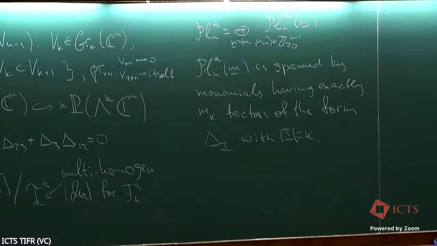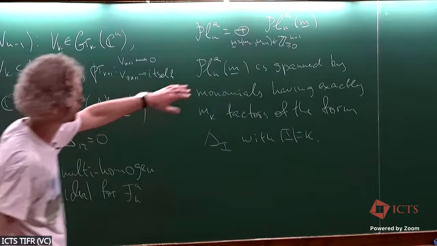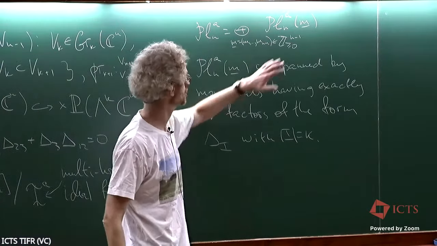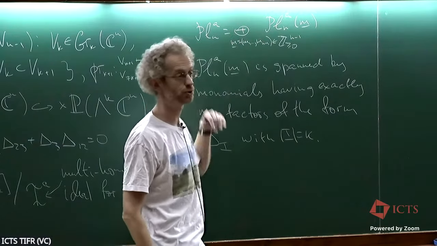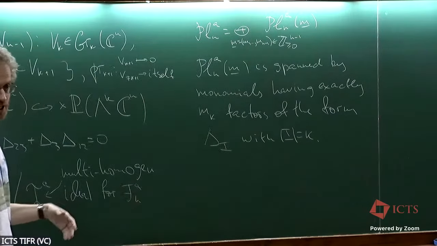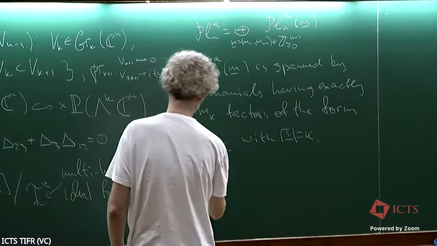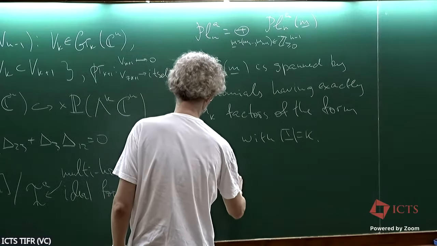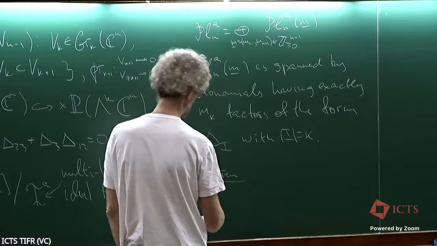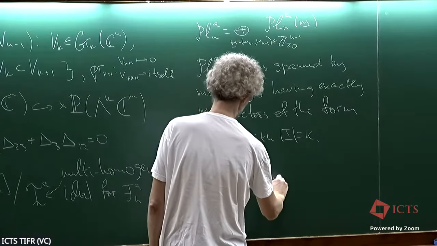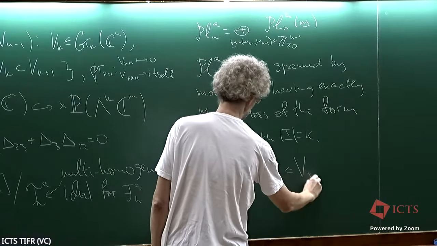Okay, so we can ask what that is, and you remember that in the classical situation, these were dual to the irreducible representations, and the theorem here says that a similar statement holds in this case as well. So this Plücker algebra component is isomorphic to V lambda A.